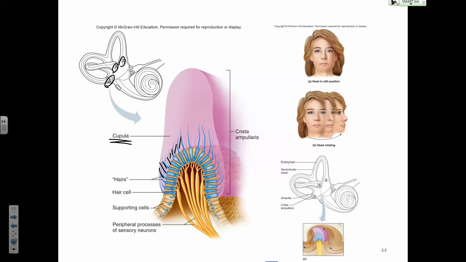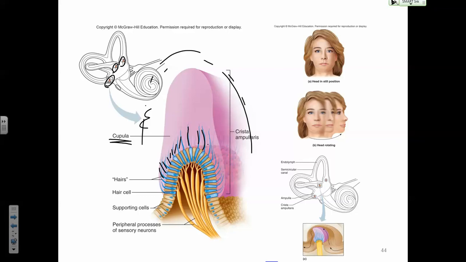You ever heard of that word, cupula? It's an architectural structure, like the dome on the top of the state capitol. That dome structure is a cupula. Here's a cupula in the inner ear, and the long, real thick cilia extend into that. This is all within the membranous labyrinth, so there's endolymph all around this.